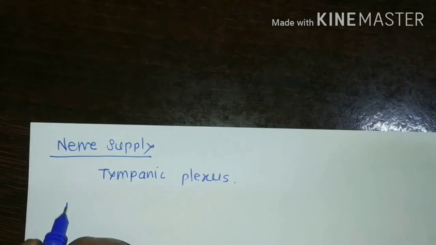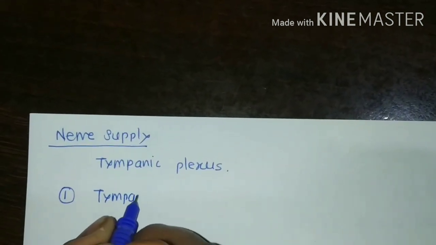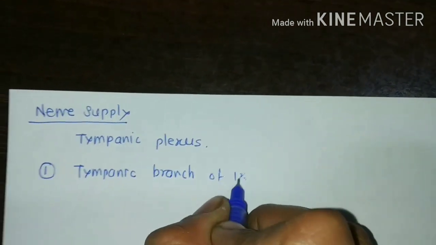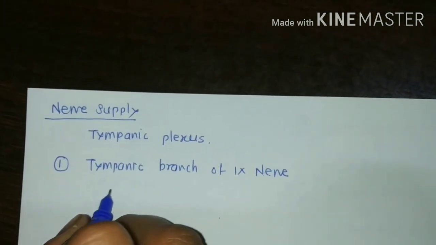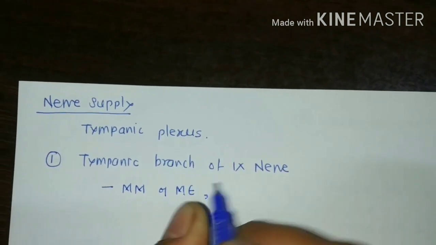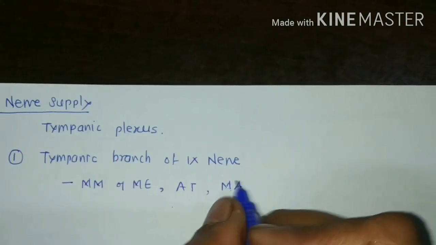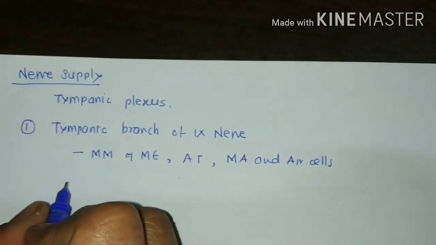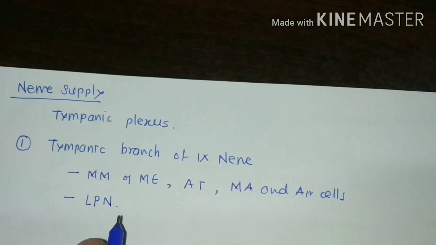Now this tympanic plexus, it is formed by one tympanic branch of glossopharyngeal nerve, and that is the ninth nerve, and its fibers are distributed to the mucous membrane of middle ear, to the auditory tube, to the mastoid antrum and air cells, and it is also responsible for giving the lesser petrosal nerve.